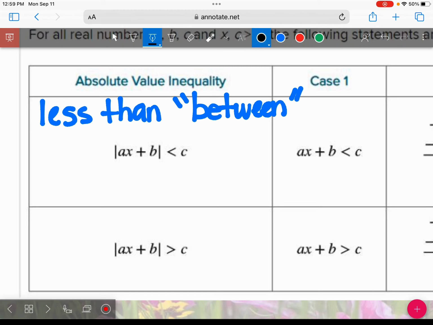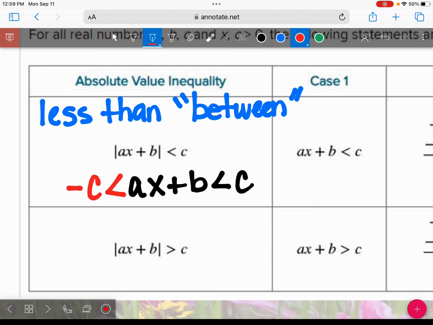So when we write it, we just drop our absolute value. See, all I'm doing is rewriting what this is right here. I just got rid of the absolute value. But when it's a less than, we have to add another less than on the left and a negative C. The graph is going to be between two numbers. The answer is between two numbers.